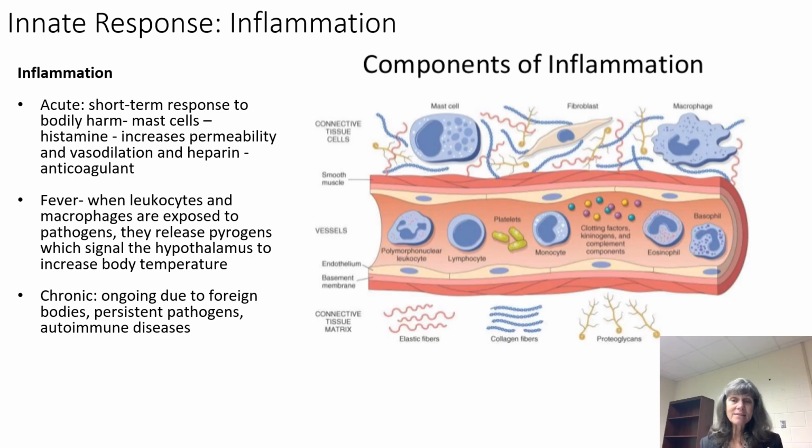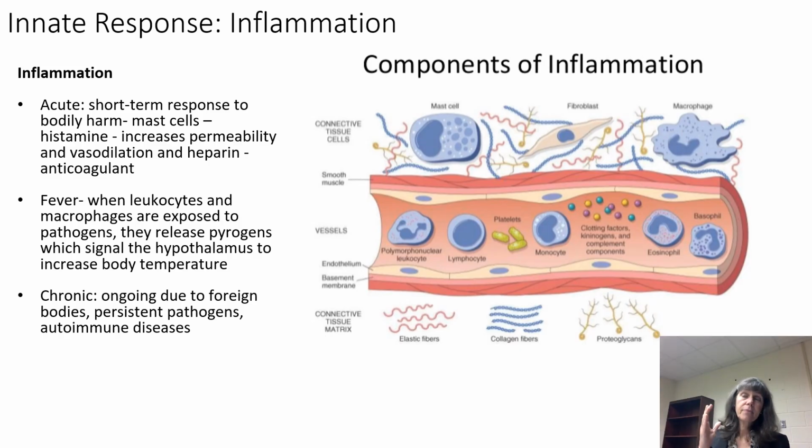As well as the mast cells, the injured cells themselves, along with local phagocytes and basophils, can also release prostaglandins and leukotrienes. So prostaglandins are important because they'll also relax the smooth muscle in that area where that capillary is, allowing it to vasodilate.